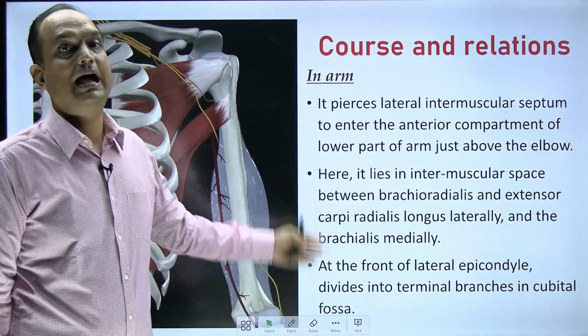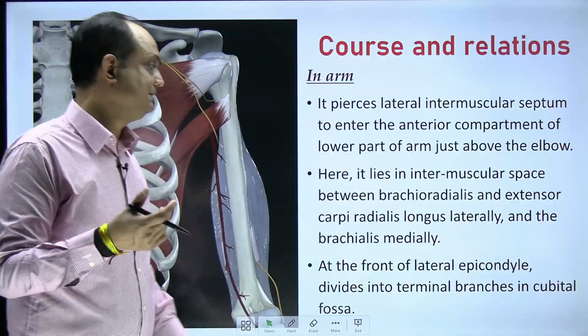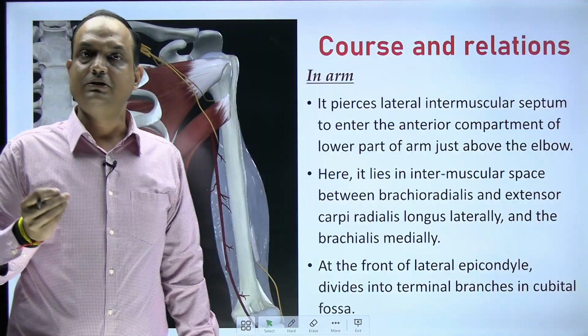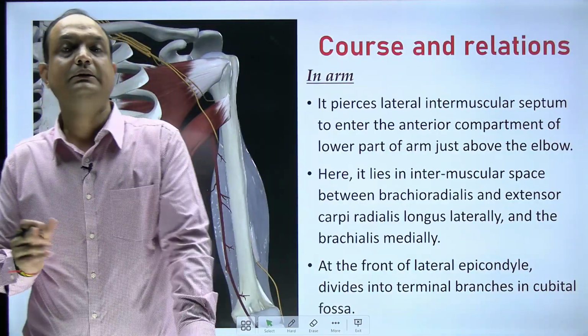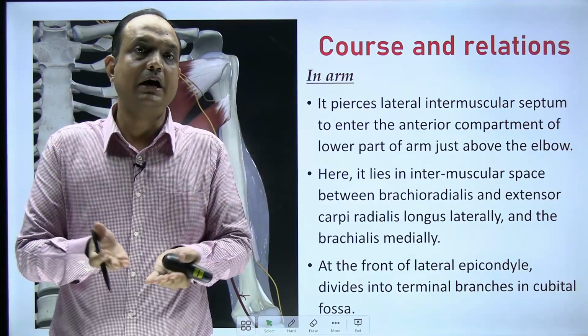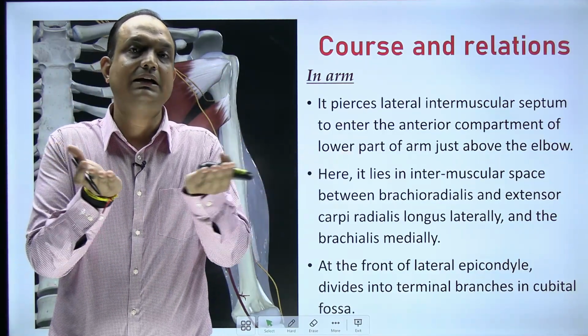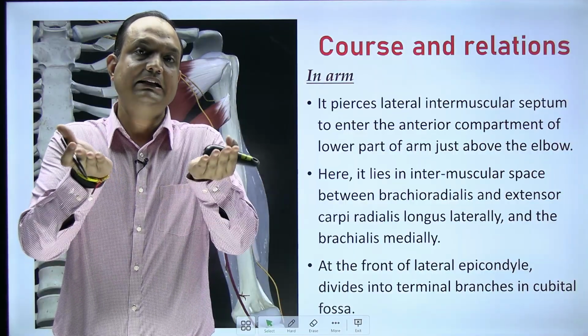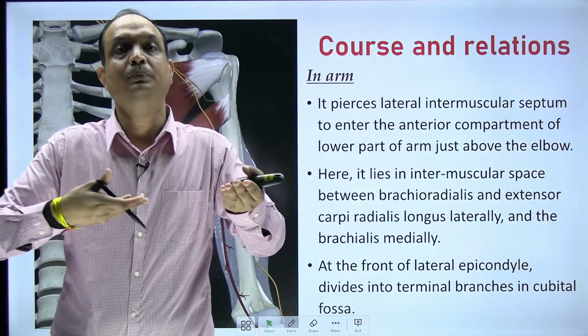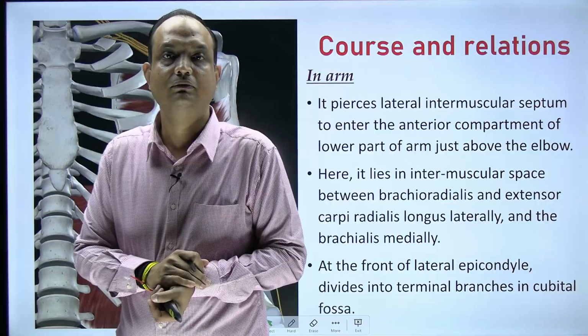Now what will happen in the arm after exiting through the lower end? So my dear students, you have to keep this thing in mind that your arm is divided into two compartments by the medial and lateral intermuscular septum, and these septums are attached on the supracondylar ridges on both sides of the humerus.